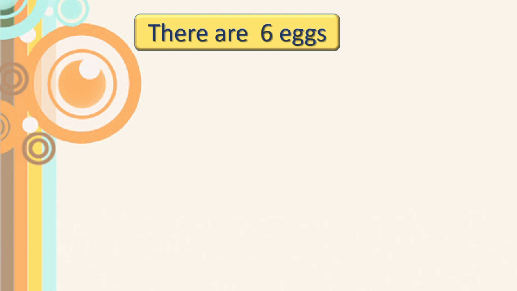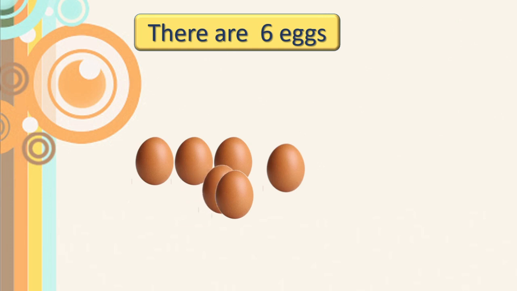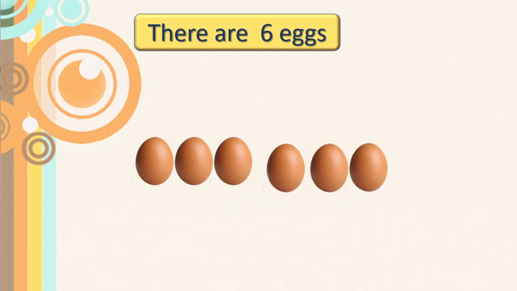Got this? Okay, here is one sum. See here, there are 6 eggs. Can you see here? 3 plus 3, there are 6 eggs. Now what to do here? We have to make half of this. Now this is 1. I will take this second and I will take this third. Now here we divided this 6 into half.